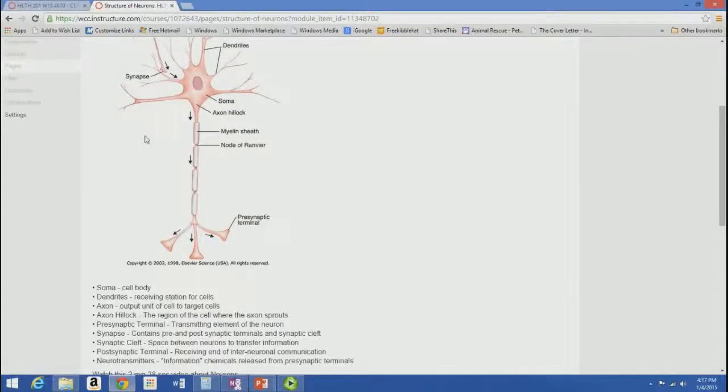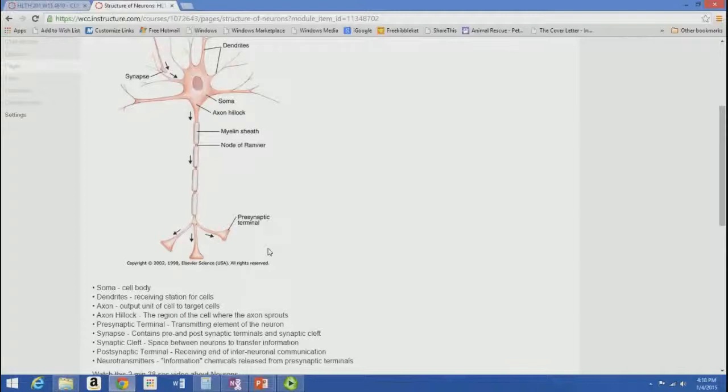The terminal end of the axon is called the presynaptic terminal. An axon can branch out and have several different presynaptic terminals, but that is the transmitting element of the neuron. That's where the neurotransmitters are released, and they go out to do what they're supposed to do. The synapse contains the pre- and the postsynaptic terminals.